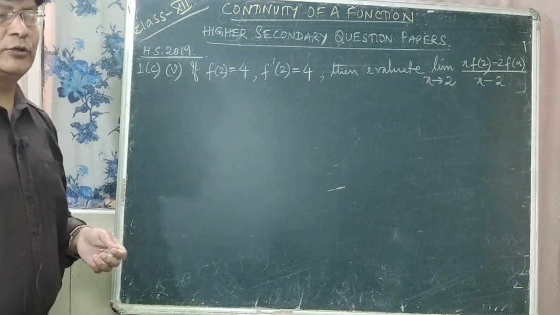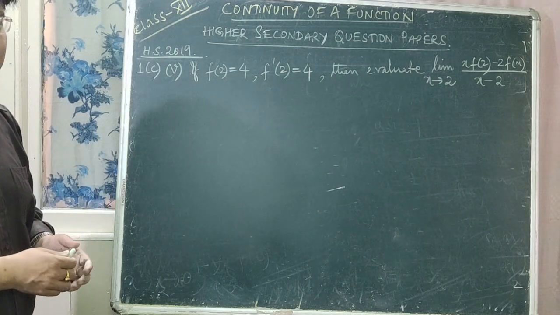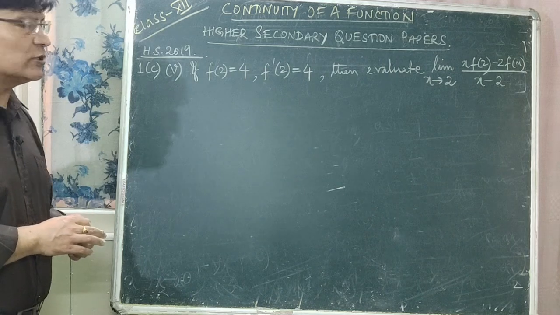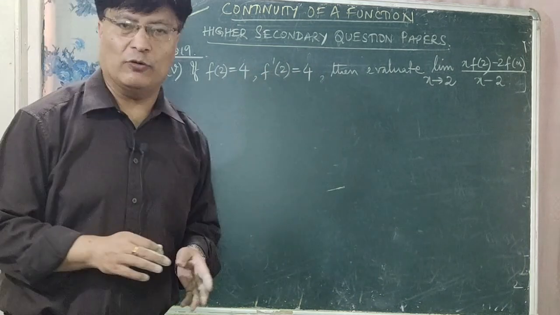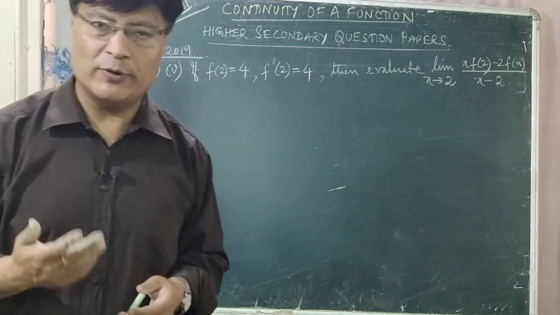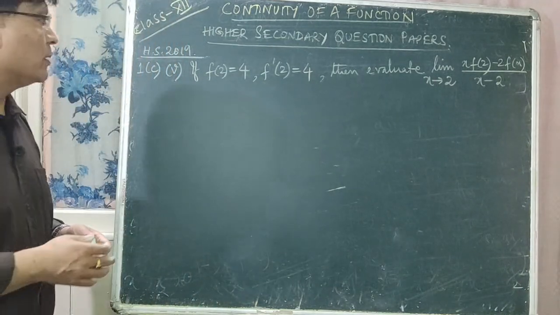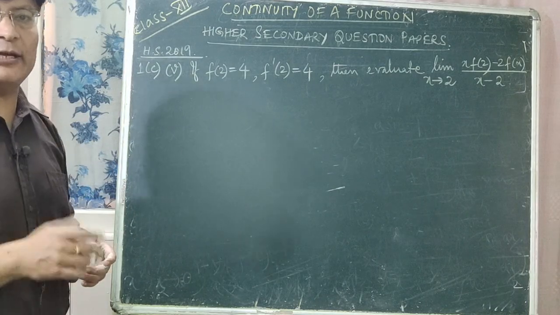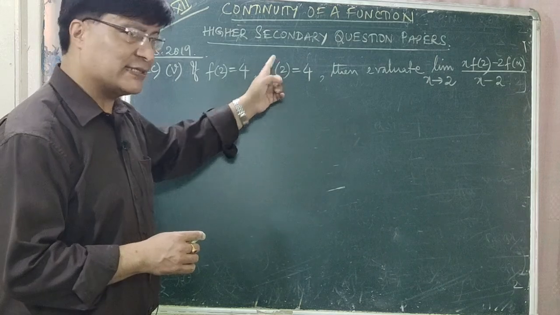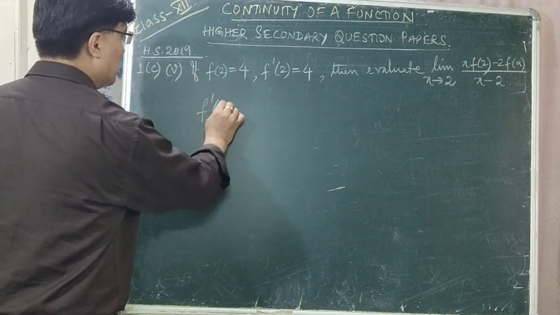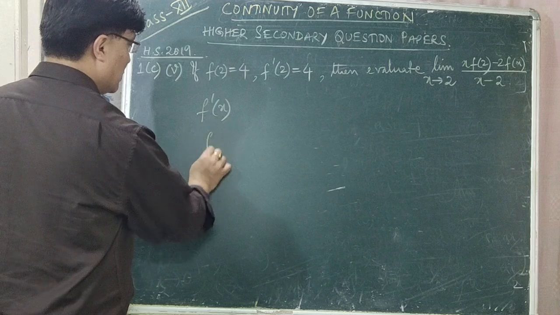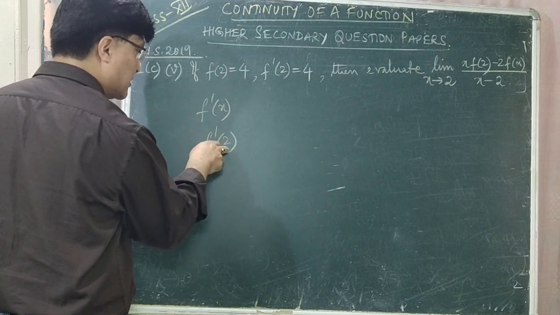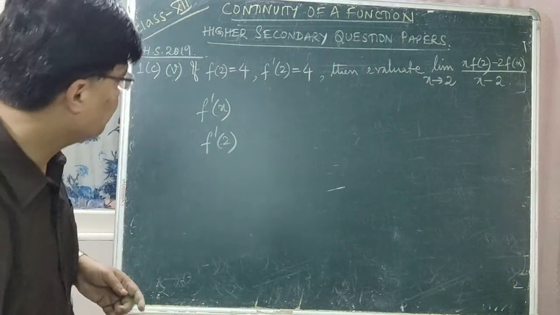So now we'll do this question, that is from HS 2019, question number 1C, number 5. If f of 2 is equal to 4 and f dash of 2 is equal to 4. Since we have done differentiation, f dash of 2 means differentiation of f of x when x is exactly equal to 2, right?